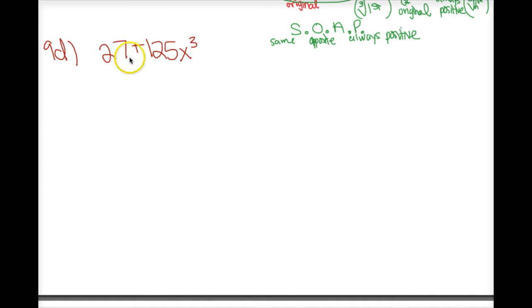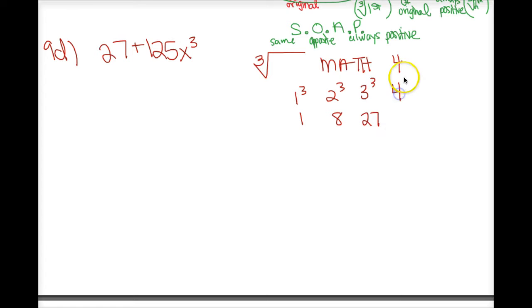In order to be a sum of cubes, both of these terms have to have perfect cube roots. You do have a cube root button on your calculator. This button is found under Math, Choice 4. If you don't know the simple cube roots, first of all, you should learn them. 1 cubed is 1, 2 cubed is 8, 3 cubed is 27, 4 cubed is 64, 5 cubed is 125.